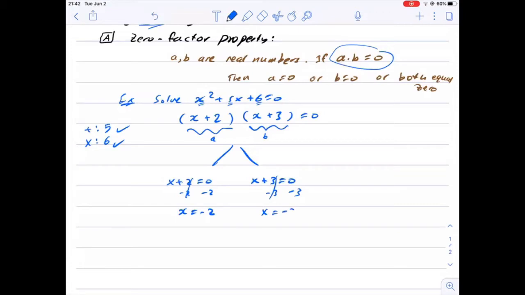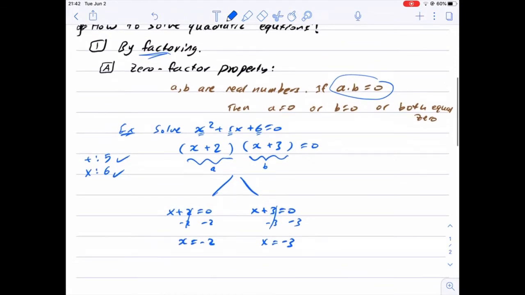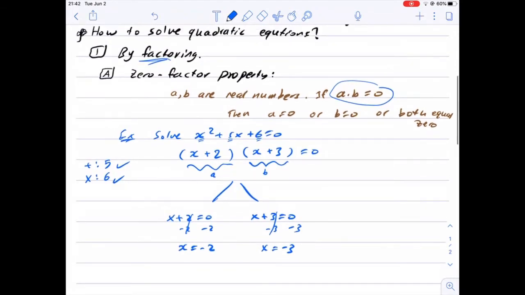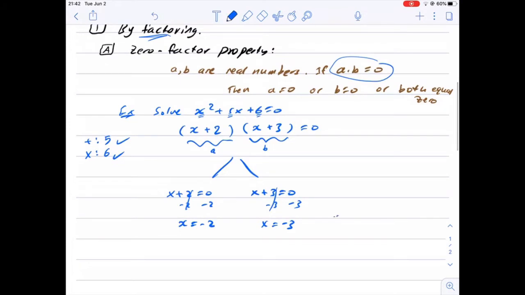We have x equals negative 2, x equals negative 3. So we use the zero factor property to solve the quadratic equation by factoring. So the solution set is the set that consists of negative 2 and negative 3.